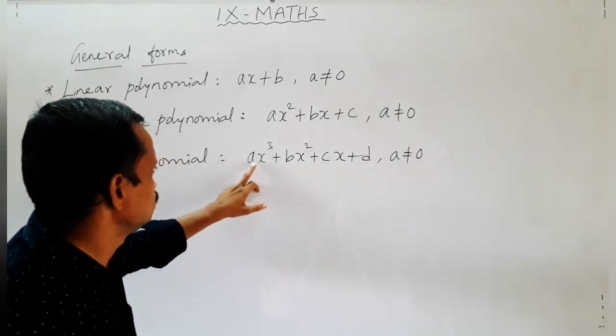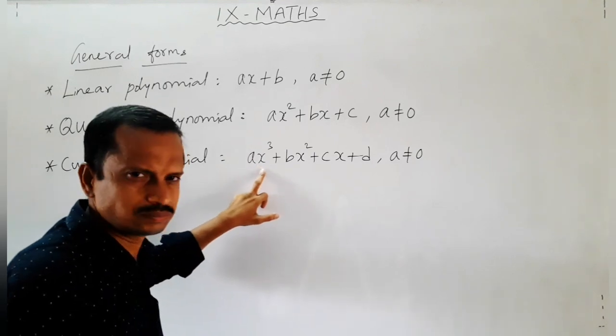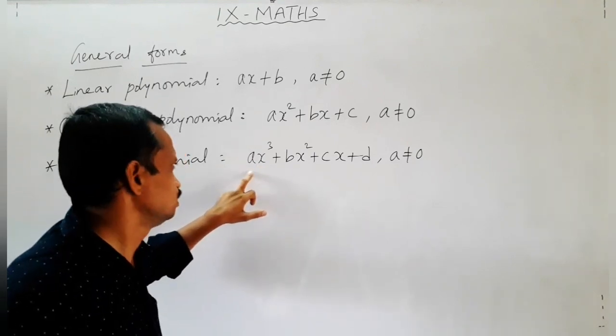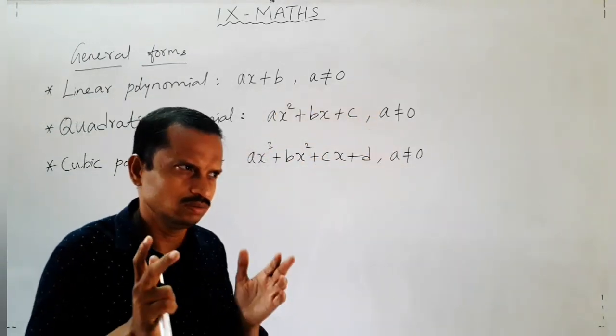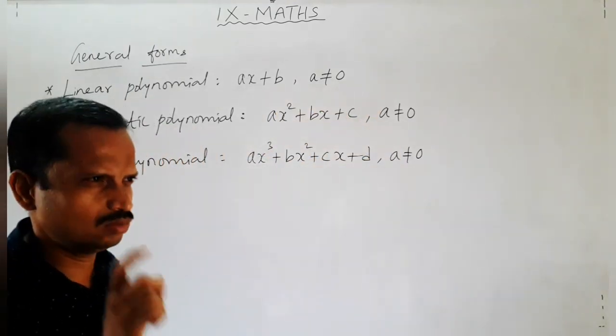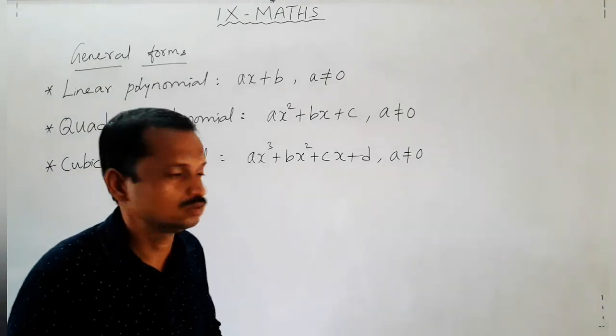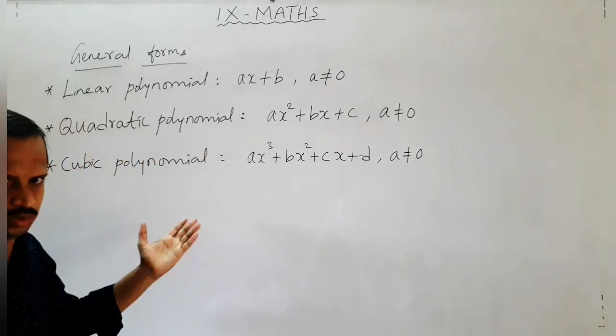So the coefficient of that particular degree term, that is a, should not be 0. When you write the general form, you have to write the condition also. So these are the general forms, just take them.